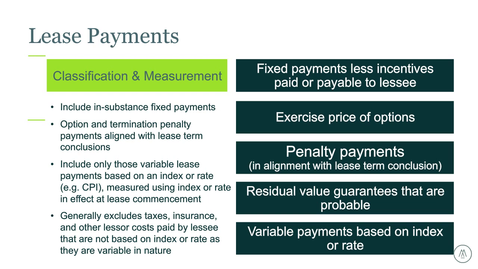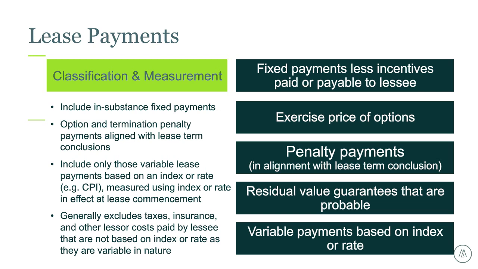They said, well, if there's variability in payments, we're not going to have you estimate what those are at the lease inception and capitalize those, unless it's tied to a specific index like CPI, for instance. So if your lease payments are going to go up at the rate of CPI for the 5-year period, and you know what CPI is at lease inception, then we'll use the CPI and increase the lease payments at that point.